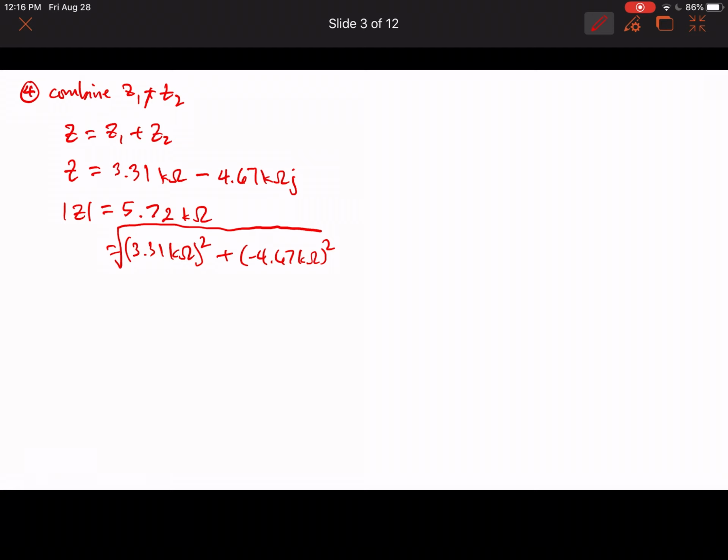For the phase angle, remember that the phase angle is equal to tangent inverse of XL minus XC divided by R. This is our R and this is our XC.